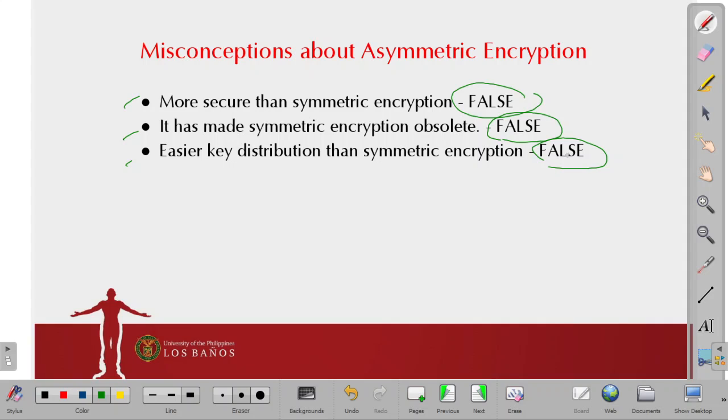So can we assume that the key distribution is easier? It's not the case either. Actually, your lab today will talk about PKI, which has something to do with the key distribution.